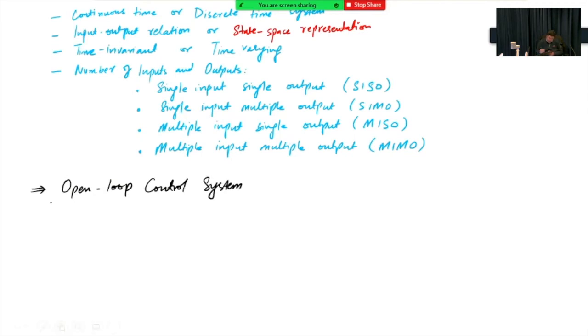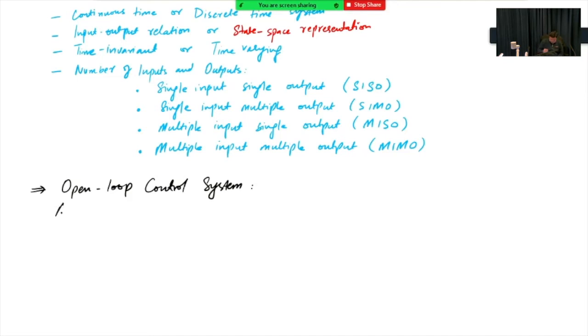We saw that there is a system with the input and that creates an output, and our goal is to actually design the control input. So one type of controller that you can build is called an open loop controller.